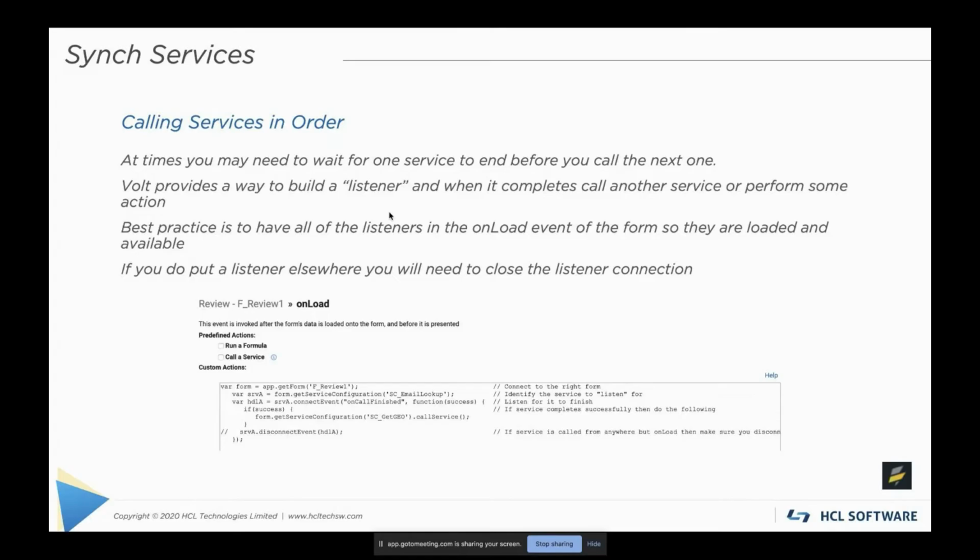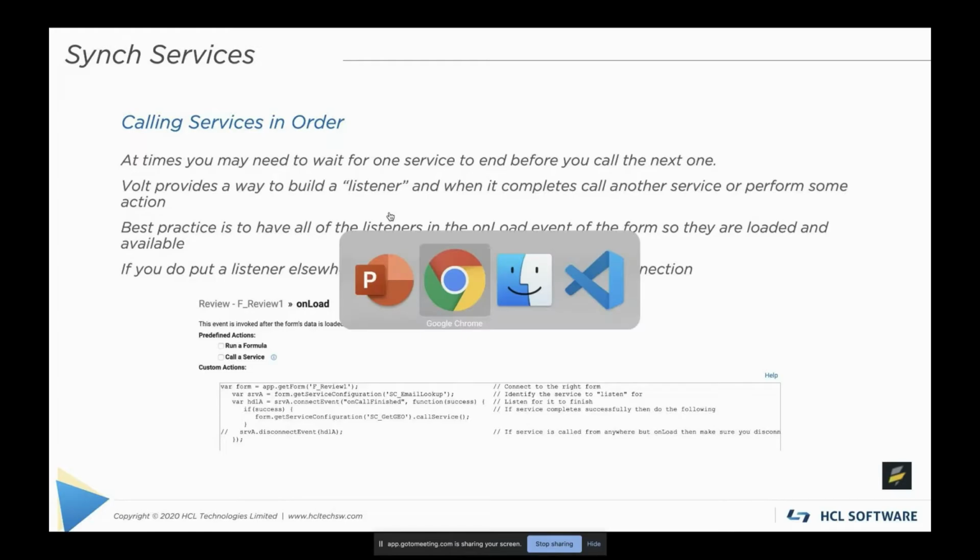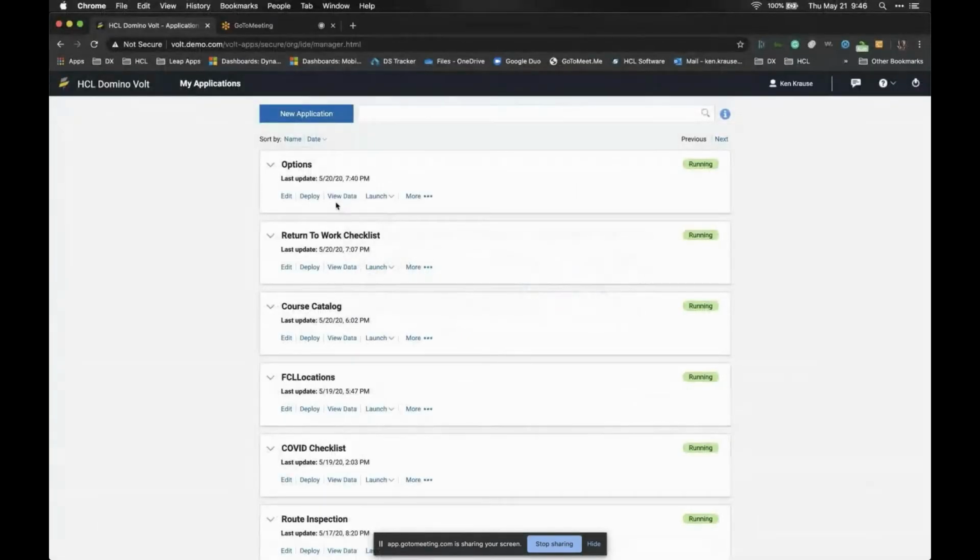The one caveat you have to keep in mind is that you then have to disconnect that listener, because otherwise every time that event fires, it's going to create another listener, and you're going to hit some performance issues and have multiple listeners for the same event. So as a best practice, put it in the onload event, but if you do put it anywhere else, make sure that you put in a listener or a close connection to that listener. And I'll show you what we've got here on that.